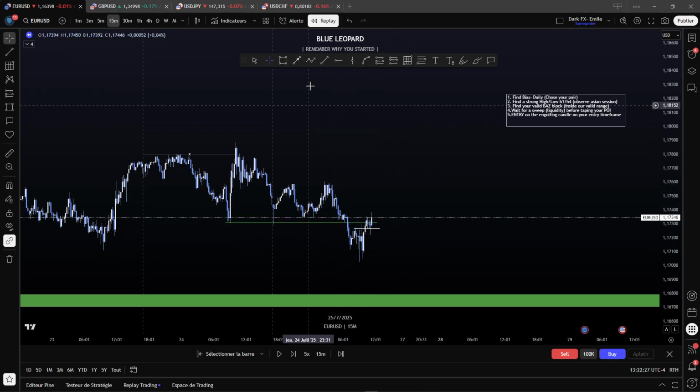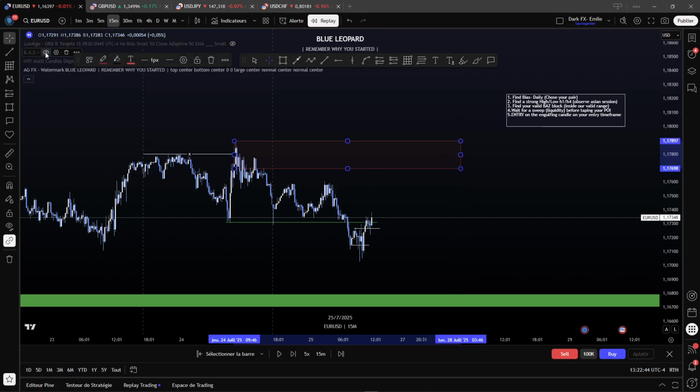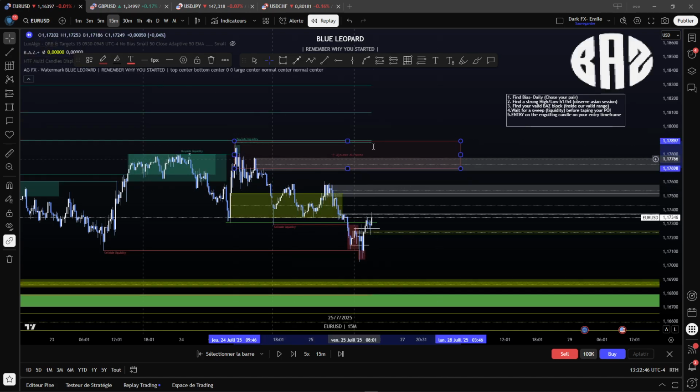So now price has swept liquidity here, created a small strong low to come back inside here. We need now to observe how price will react inside our supply zone. Okay, when you activate the BAZ indicator, you will have a level here around this zone.